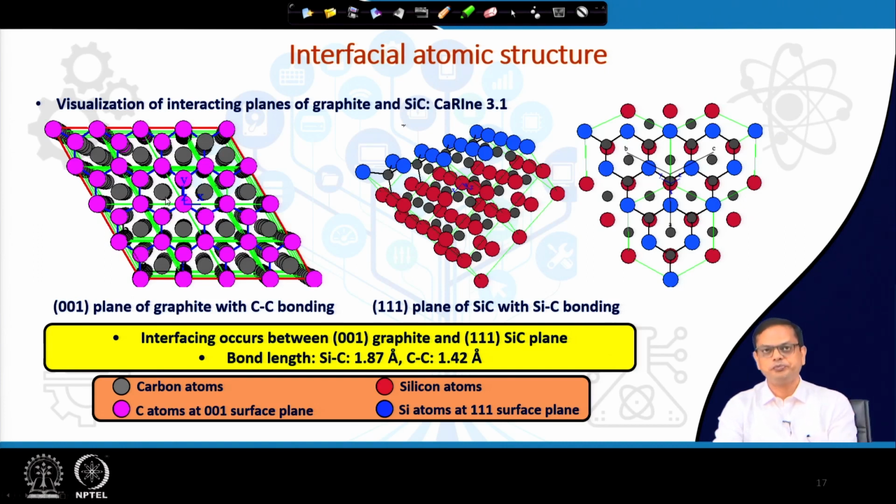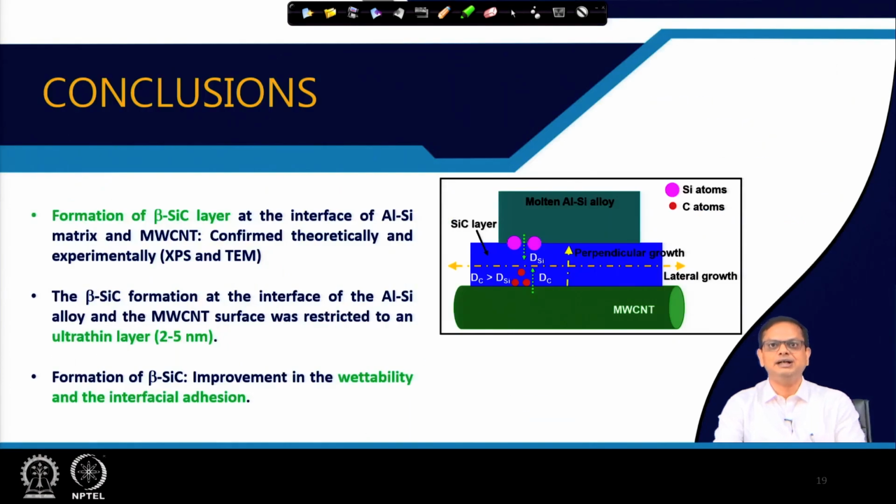Okay. So, ultimately, I would like to conclude that we have discussed the interfacial phenomena in the aluminum MWCNT nanocomposite, where the composite material was fabricated by thermal spraying.